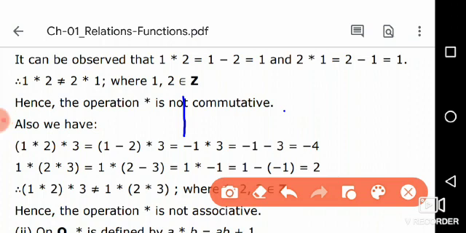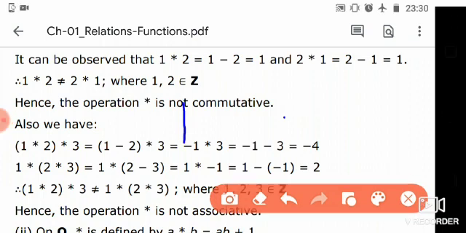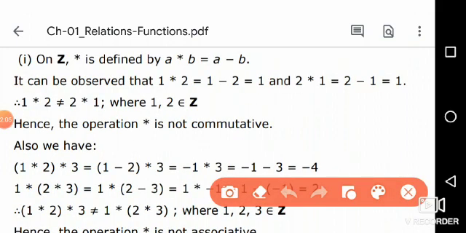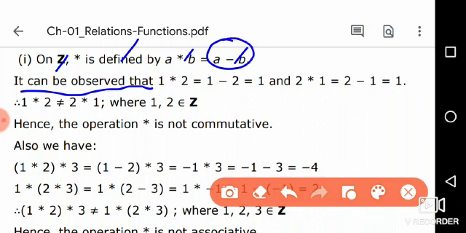Let me begin with on Z, star defined by A star B is equal to A minus B. It can be clearly observed that 1 star 2 is equal to 1 minus 2 according to the definition of the star.